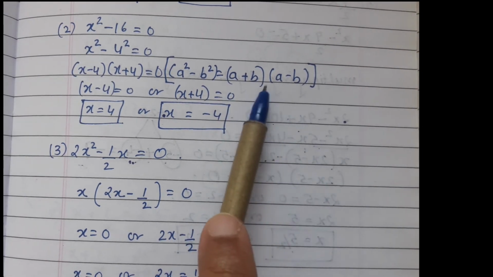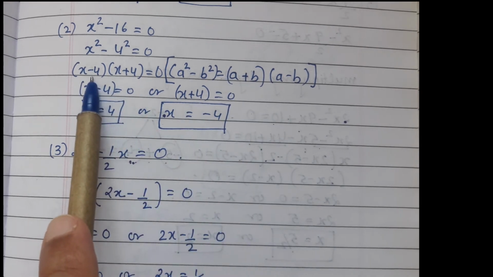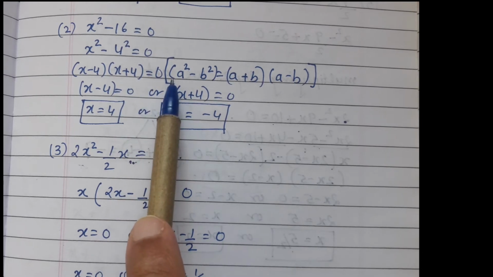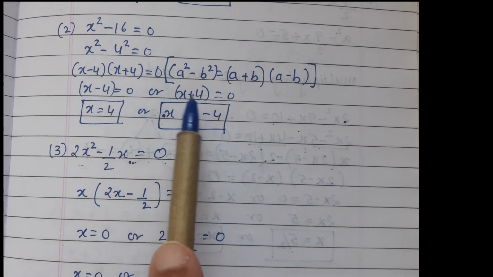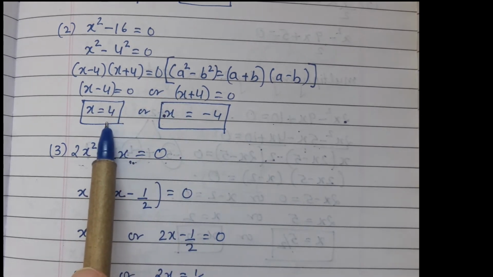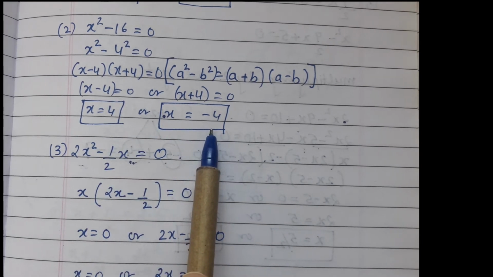So directly we can use the formula. It will become x minus 4 into x plus 4 is equals to 0. So either x minus 4 is 0 or x plus 4 is 0. x is equals to plus 4 or x is equals to minus 4.